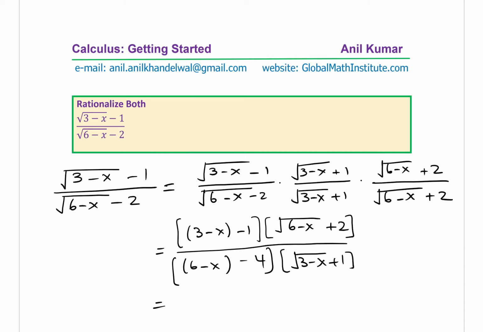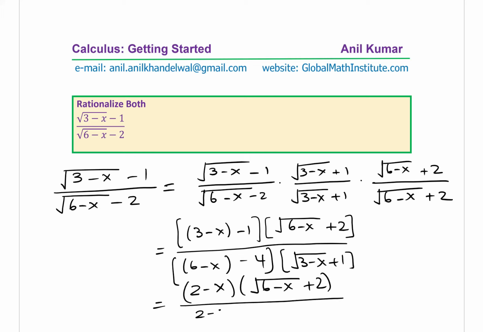Now you could simplify. 3 minus x minus 1 is what? 3 minus 1 is 2, right? And so we get 2 minus x in the numerator times square root of 6 minus x plus 2 divided by, in this case, 6 minus 4 is also 2.